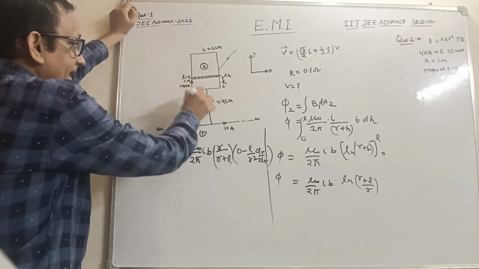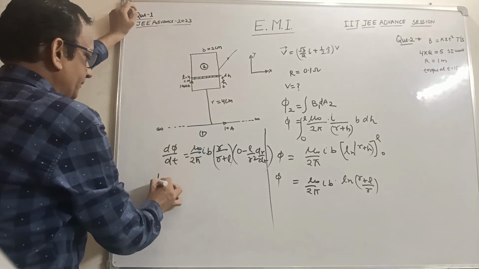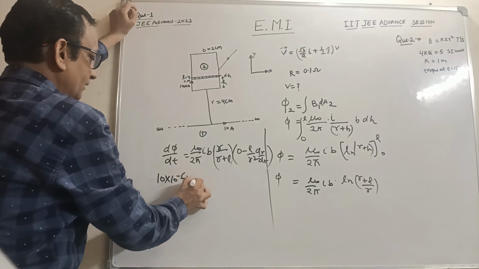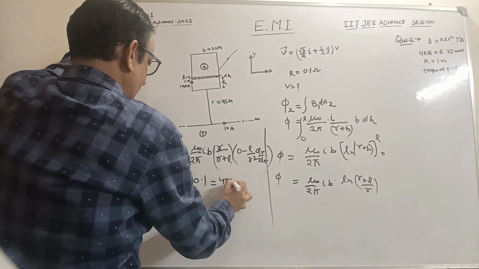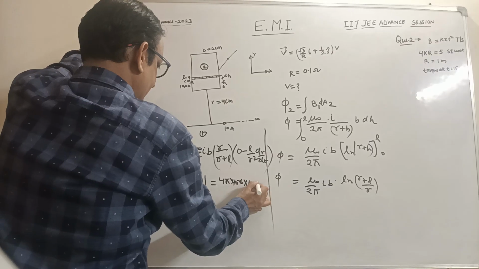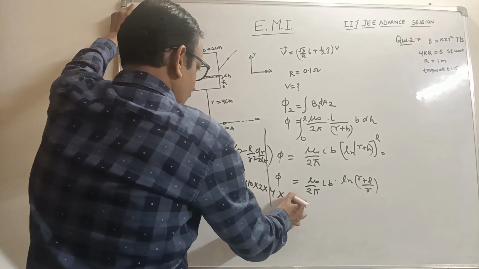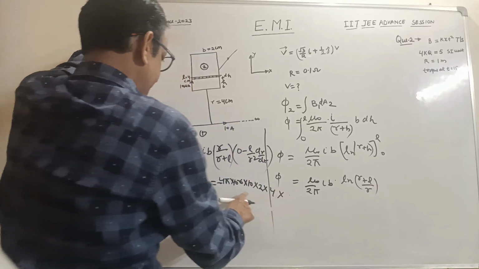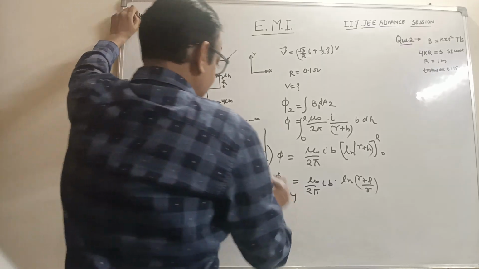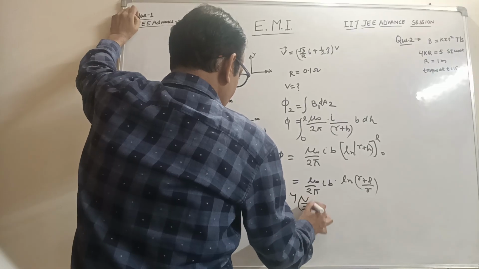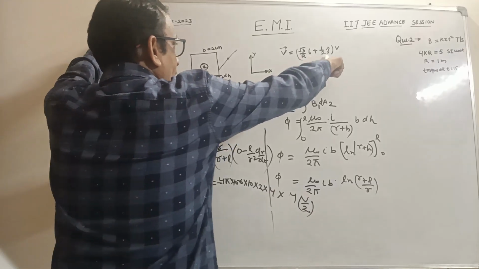So at that instant, when the distance R is 4 centimeter, the current flowing in the loop is 10 microampere, 10 raised to power minus 6, into resistance 0.1. Now put the values here: mu naught upon 4 pi is 10 raised to power minus 7, current is 10, B is 2, R is 4, and L is 4. dR over dt is the vertical velocity, so the vertical component is V by 2.